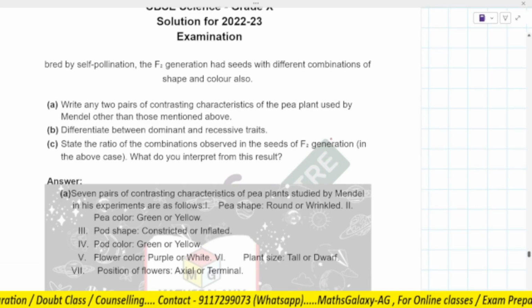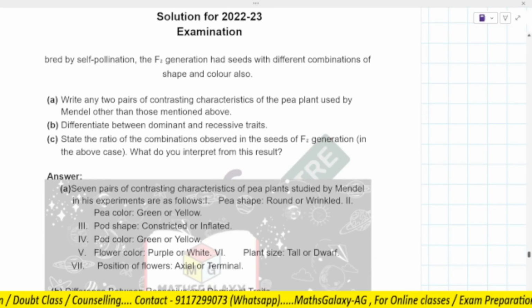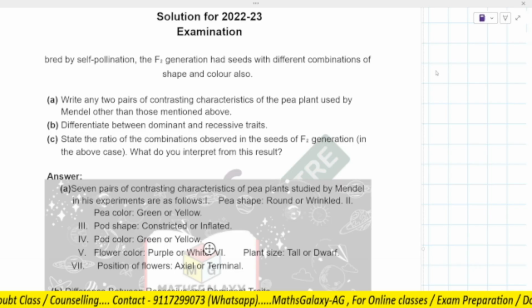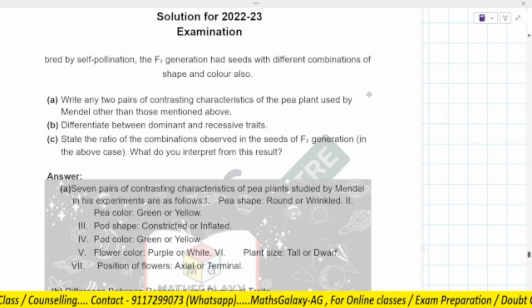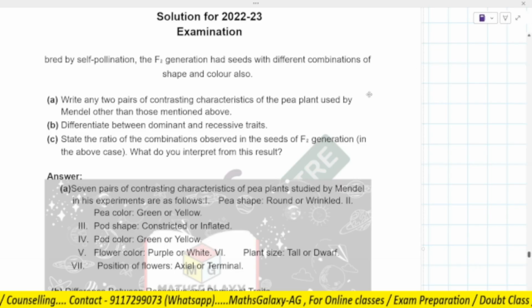Write any two pairs of contrasting characteristics of pea plants used by Mendel other than those mentioned above. So you can give it now.